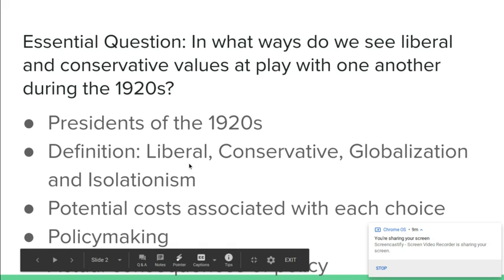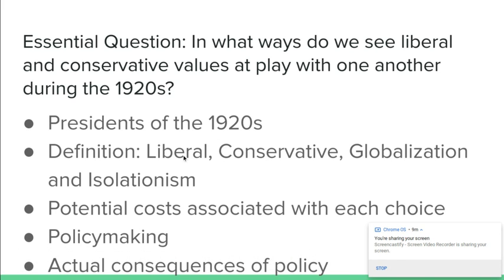Well, I want to talk a little bit about what's liberal and conservative, and then global and isolationist. I think the 1920s are very much this tie between things that are liberal and things that are conservative. So I think the best way to think of those terms is that conservatives tend to embrace traditional beliefs. And again, that's normative. What's traditional for some people is not traditional for others.